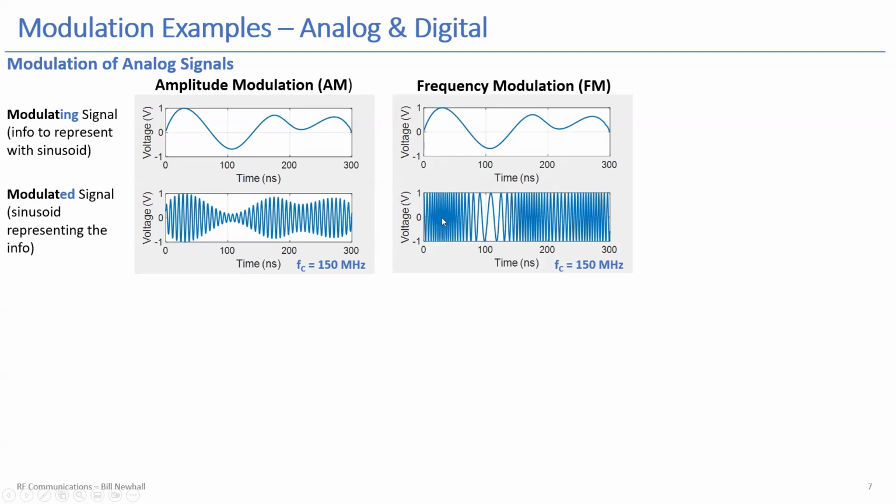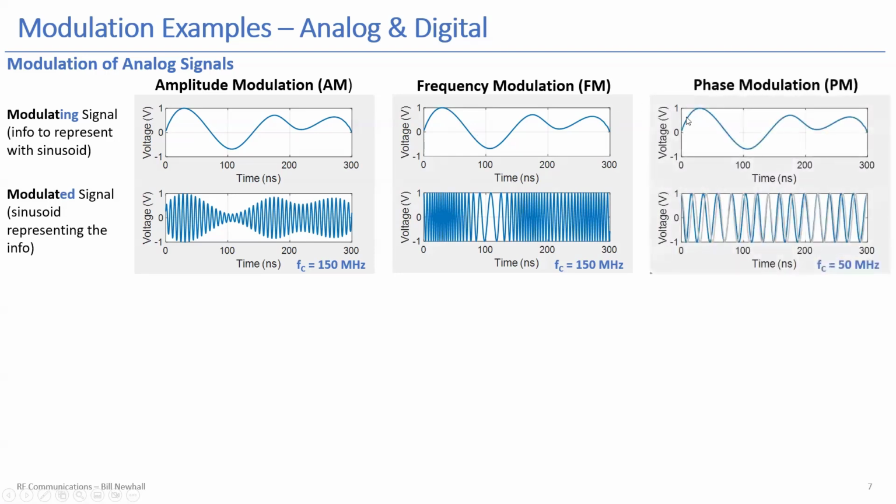You can see here the frequency gets high at the peak here, and then the frequency gets low at the trough here. And again, I am exaggerating the relative frequency content of modulating versus modulated, so you can see the detail of the increasing frequency and the decreasing frequency here.